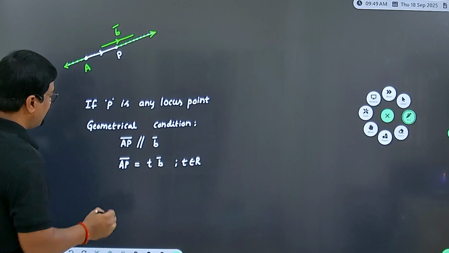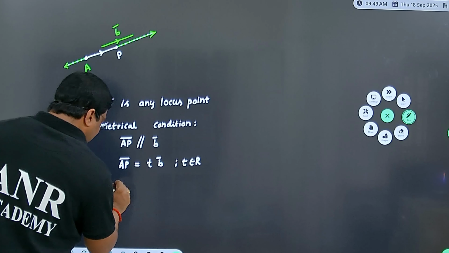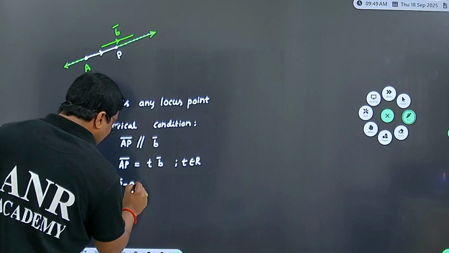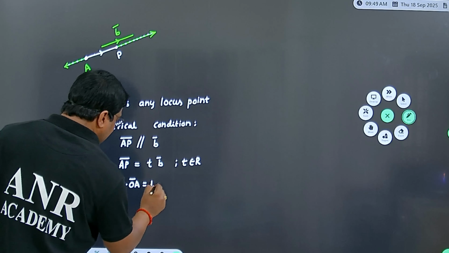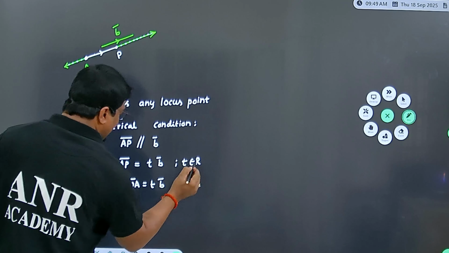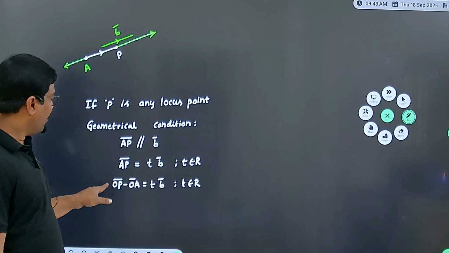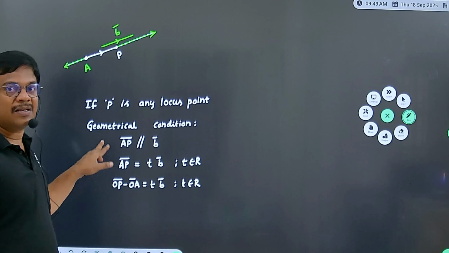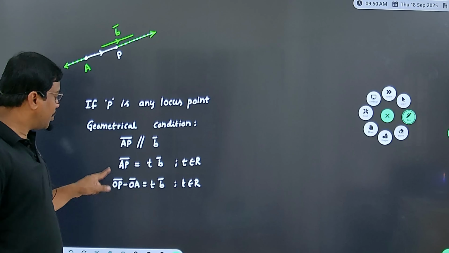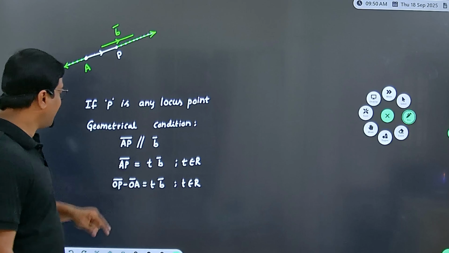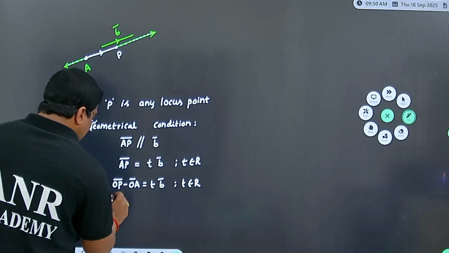Now AP vector I am rewriting this way, OP minus OA, that is t times of B bar, where t is real number. OP indicates position of point P, so that is position vector of P. Next, position vector of A, that is OA here.